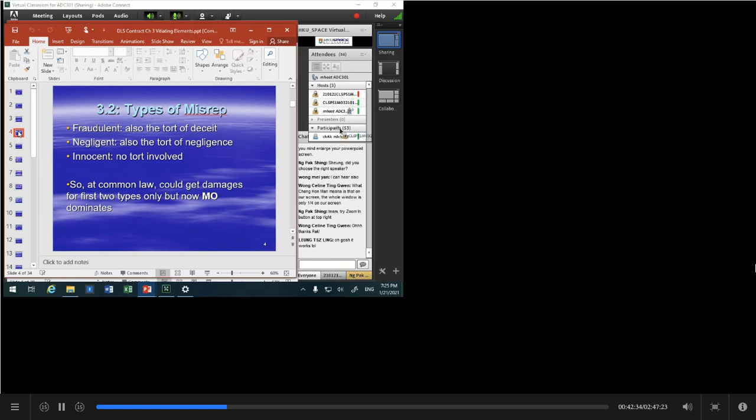Also, the case of Howard Marine and Ogden shows that it's a heavy burden of proof. Howard Marine and Ogden, which is not in your course manual in this area anyway, the representor made a statement about the carrying capacity of a ship.